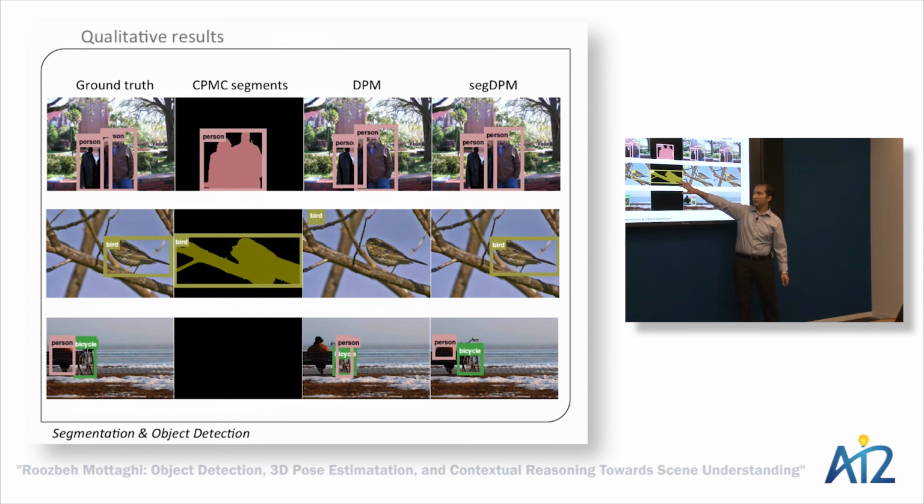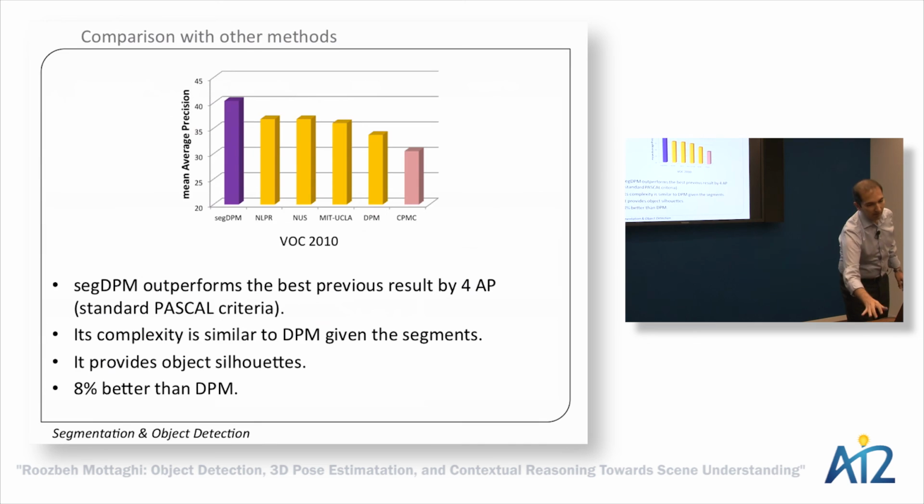In this case, the segmentation method makes a mistake, and DPM doesn't have any idea where the bird is, but we can basically put a tight box around the object. In terms of comparison with other methods, this is our method. We outperformed the best previous method by 4%, which is significant for this particular data set.